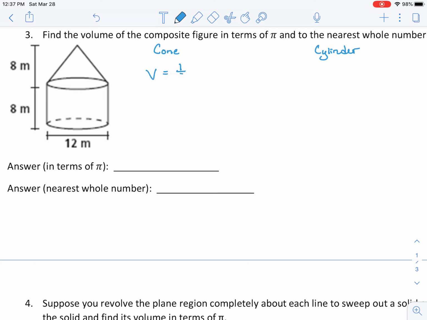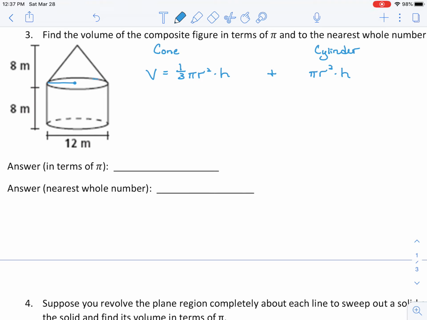So the volume of a cone, we just said, is 1/3 pi r squared h. And the other lesson, I think it was lesson 3, said that for a cylinder, it's just the area of the base times the height. It's just the pi r squared times the height. So in the cone, I need to look for the radius.